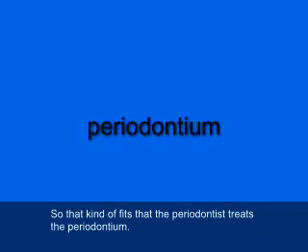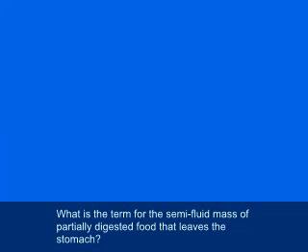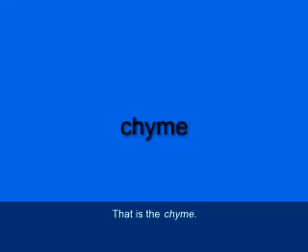So that kind of fits that the periodontist treats the periodontium. What is the term for the semi-fluid mass of partially digested food that leaves the stomach? Well, that is the chyme.